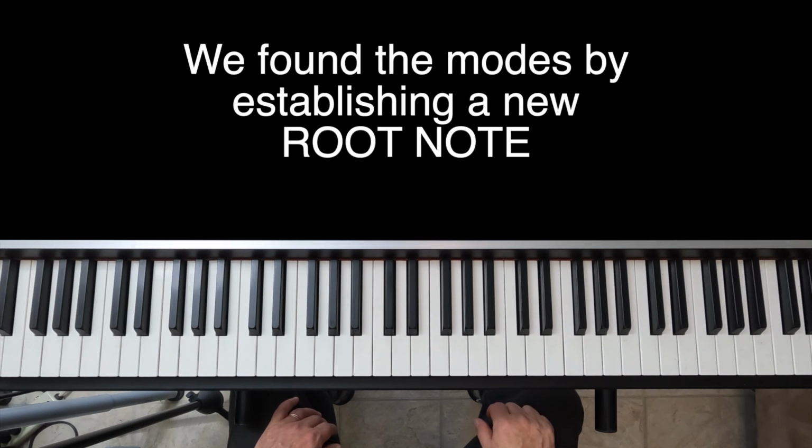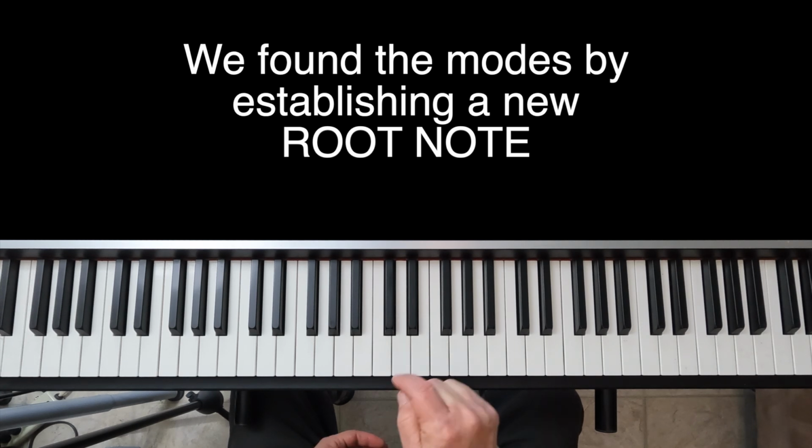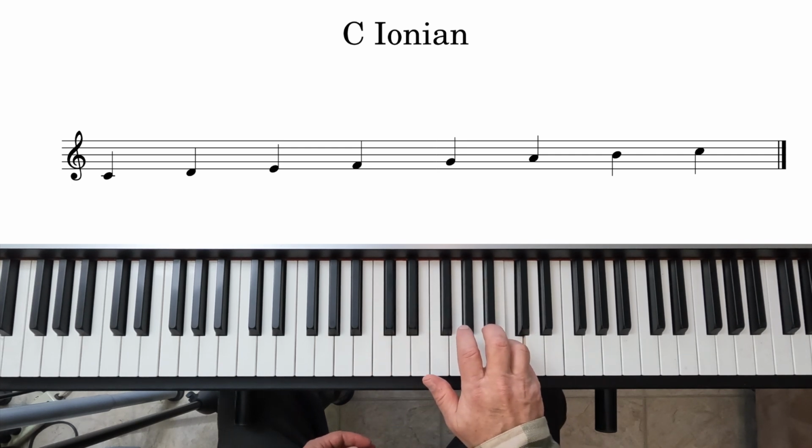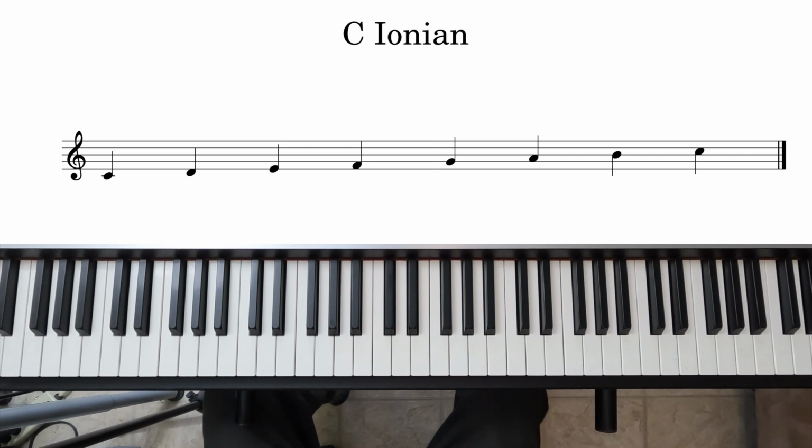Now we found the modes by establishing a new root note using a note from the original major scale. And so what we did was we created each mode using each note starting with the C major scale. So if you start on C and play from C to C, of course we know that that's the Ionian mode.